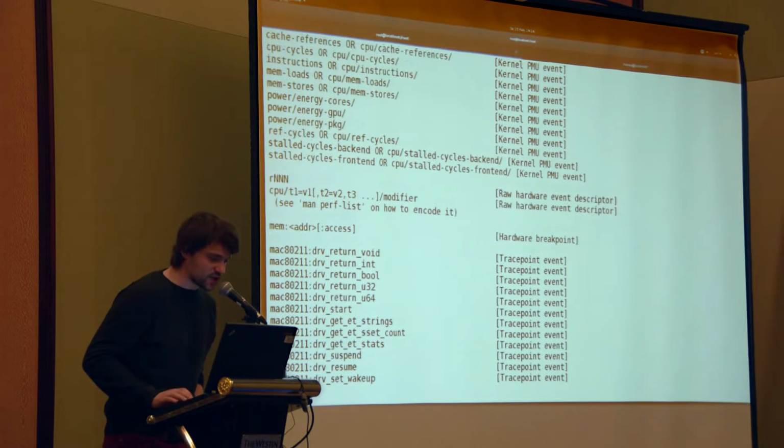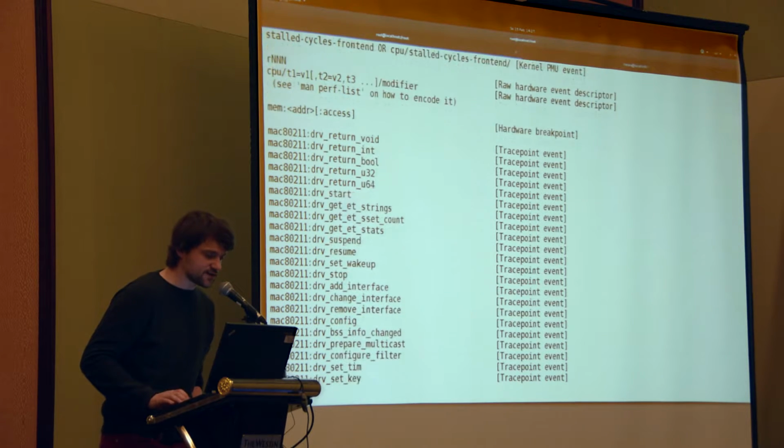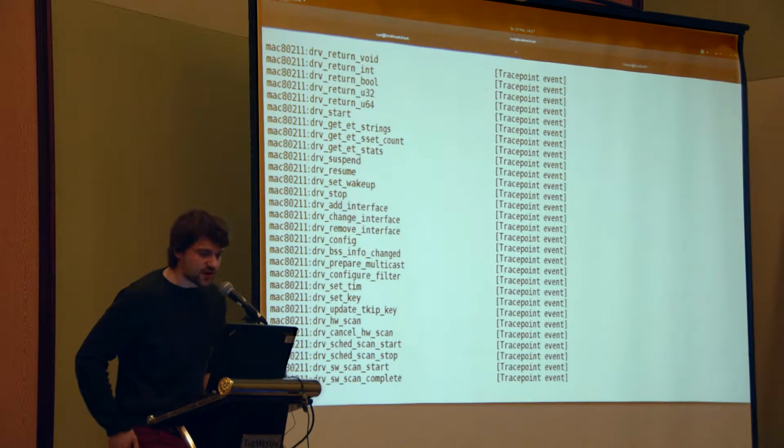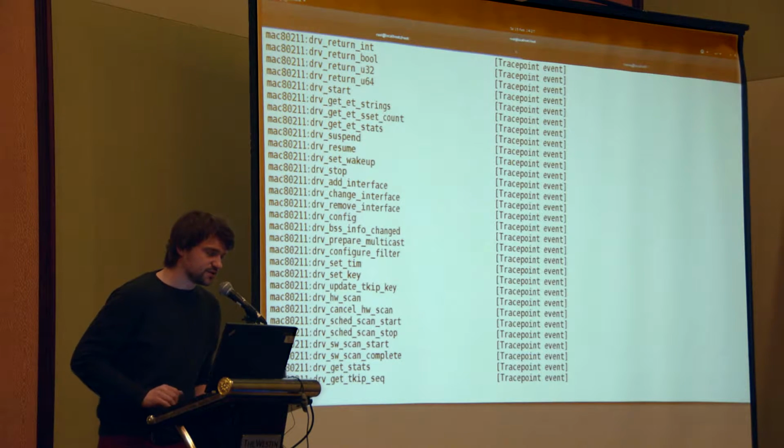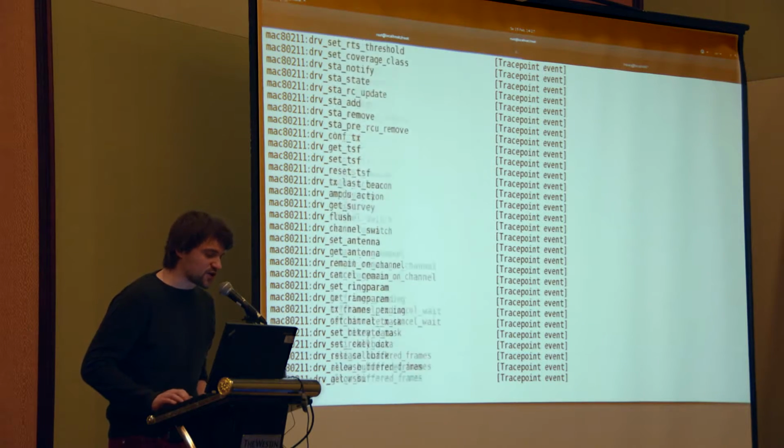There are also some power management and other events. You have raw events, and then you have the specific trace point events, which are again trace points which are specifically implemented in the kernel at some point. So there are some macros which allow you to very easily specify trace points and export them to user space, which kind of is also a problem.